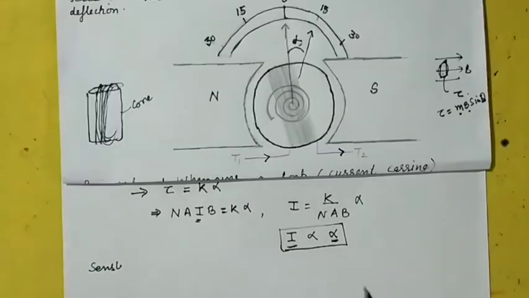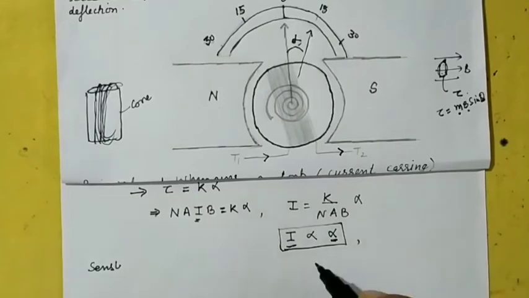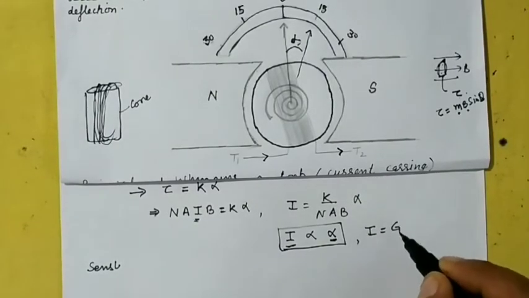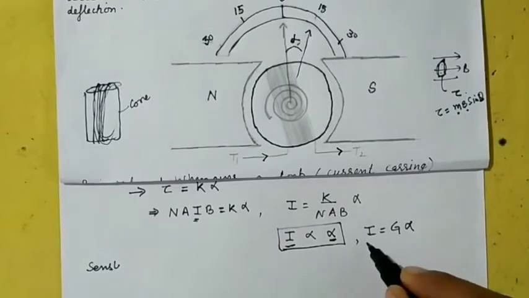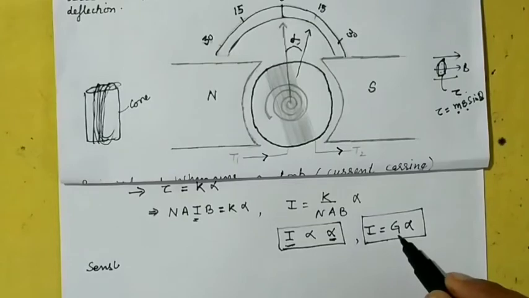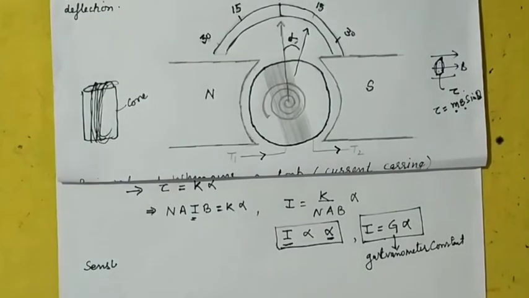If you remove this proportionality constant, then we have a constant. That constant is known as capital G, into alpha. So this is your current: I is equal to G alpha, where capital G is known as the galvanometer constant.